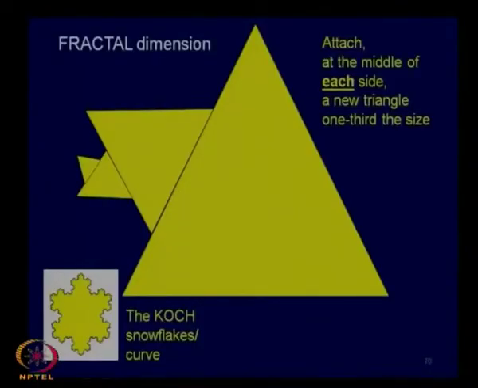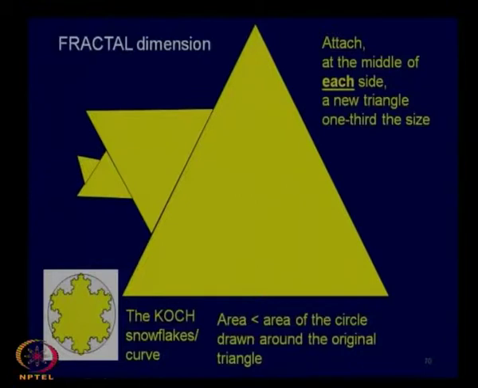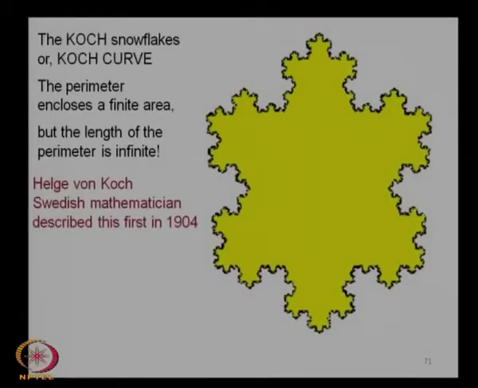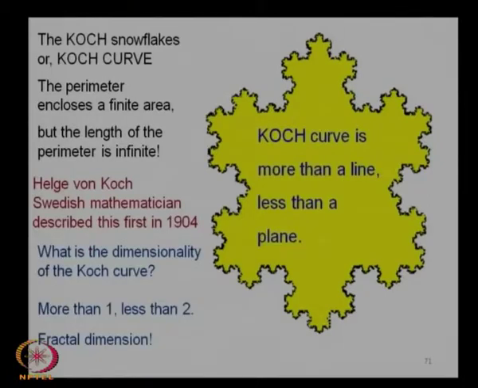So, the dimension of this Koch curve is what we are now discussing, and that brings us to this idea of the fractal dimension, and it will turn out that this is more than a line, less than a plane, and the fractal dimension of this turns out to be between 1 and 2 as we shall define it.